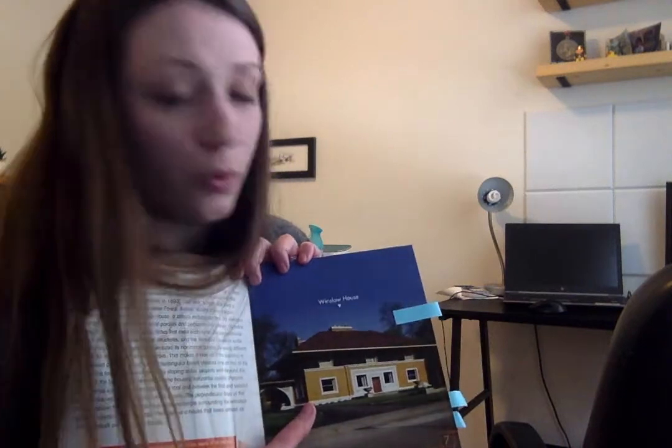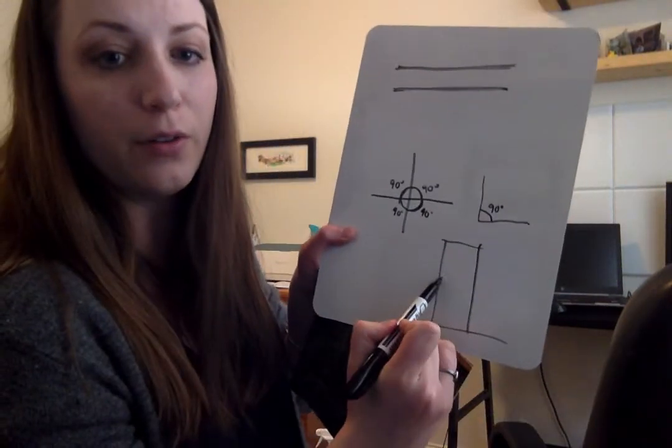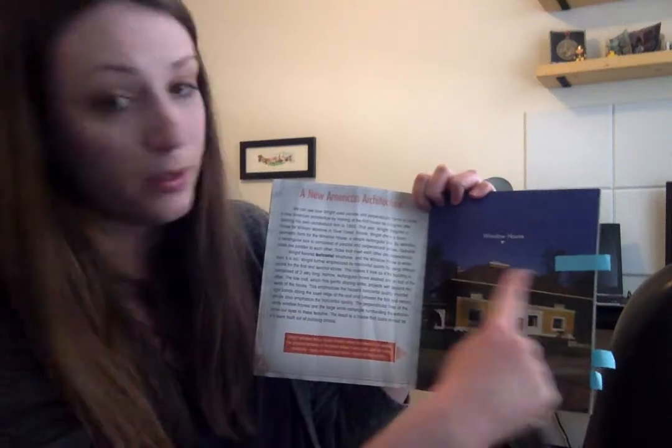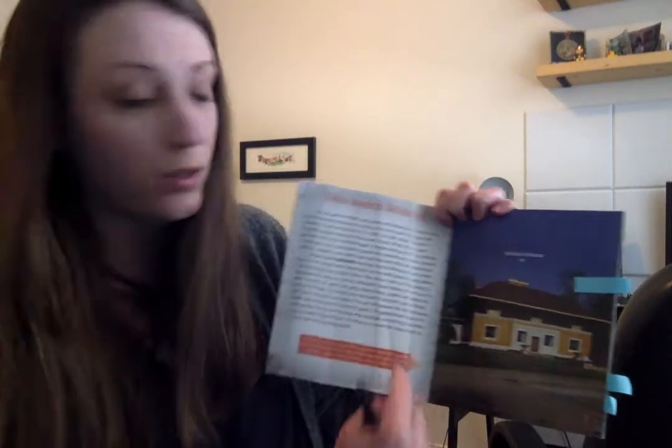So this house is horizontal. If the house was taller than it is wide, that would be like a skyscraper, and that would be vertical. So this would be a vertical building, but Frank Lloyd Wright likes to specialize in horizontal buildings, so it's longer than it is tall.